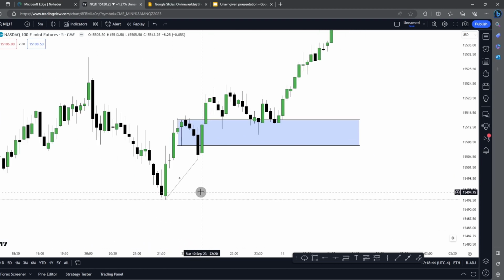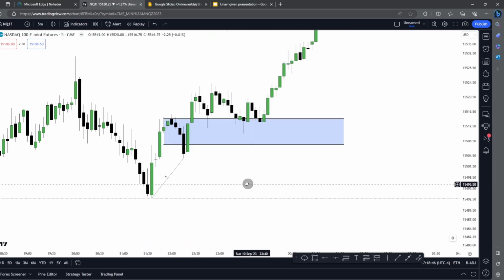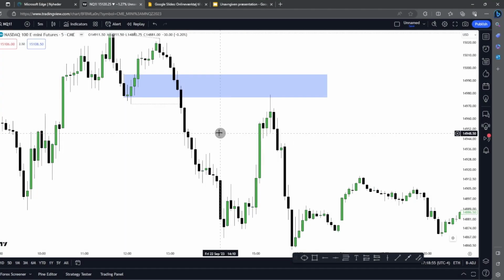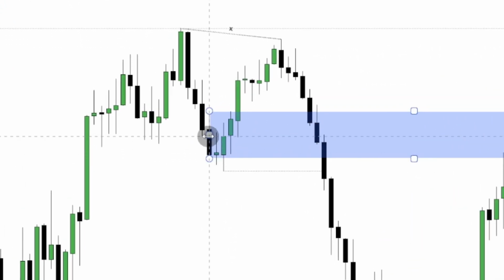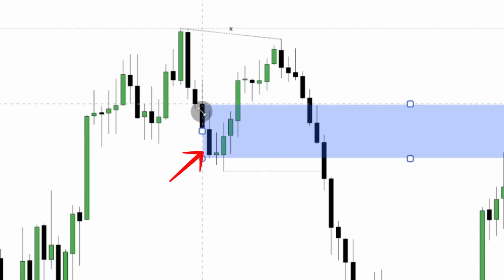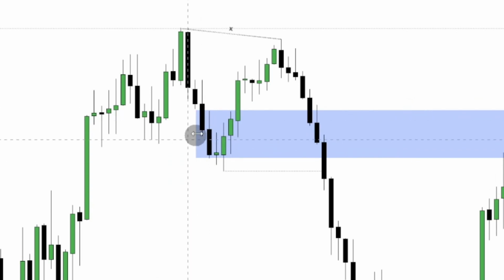If we go and look at a bearish mitigation block example, we would be left with something like this. We have a market structure shift that happened here. We have a high followed by a lower high, and then the last down close candle, because it is a bearish mitigation block, is your mitigation block.